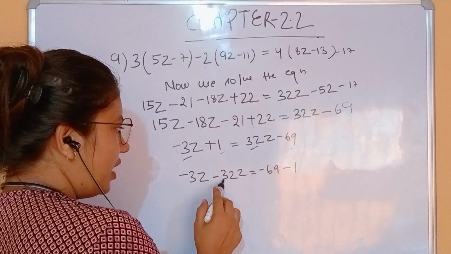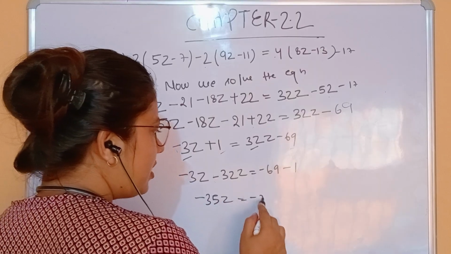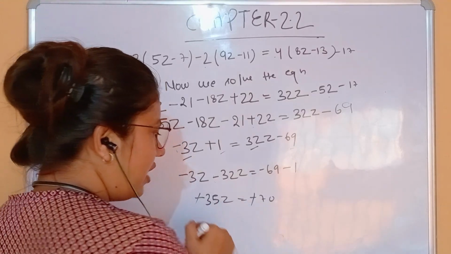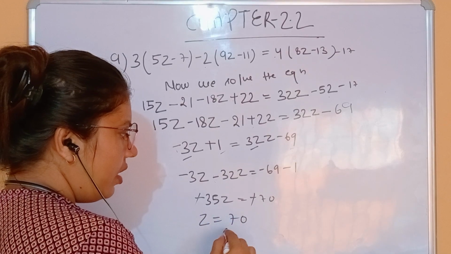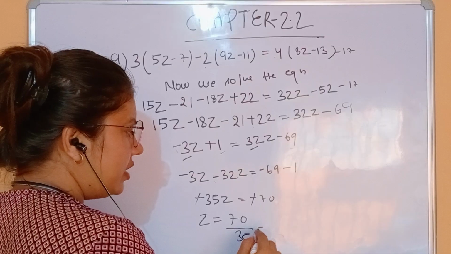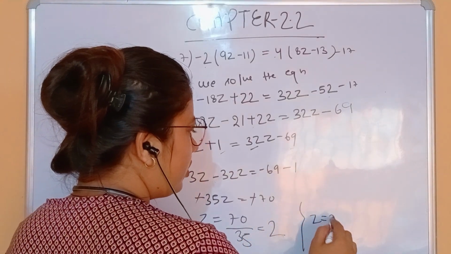Minus 3z minus 32z is minus 35z, equals minus 69 minus 1, which is minus 70. The minus signs cancel out, so the value of z is 70 divided by 35. Here z is equal to 2.